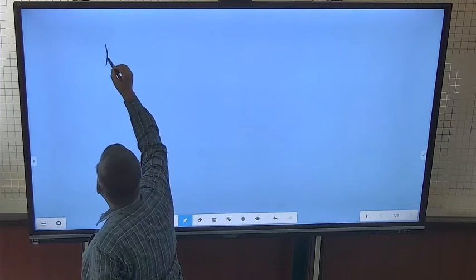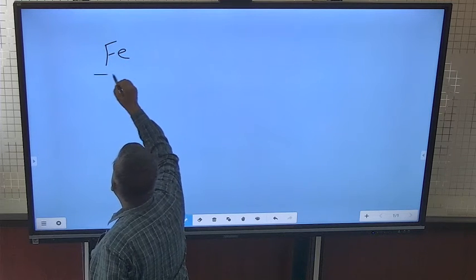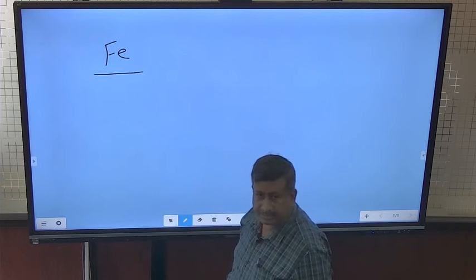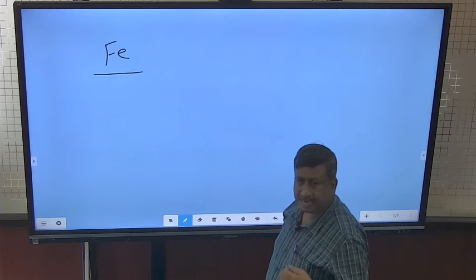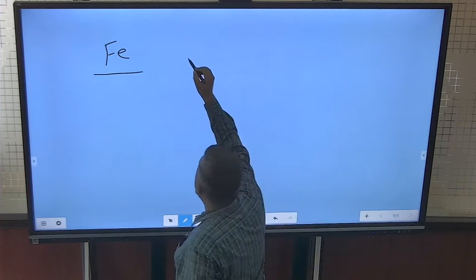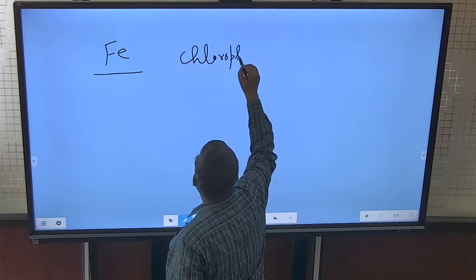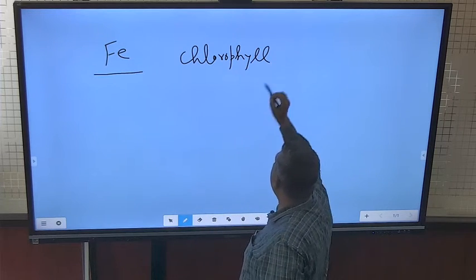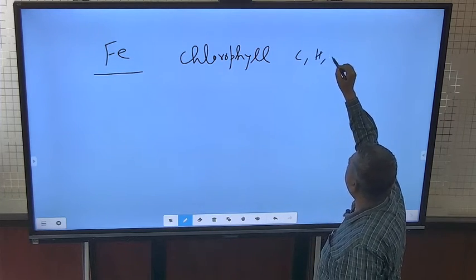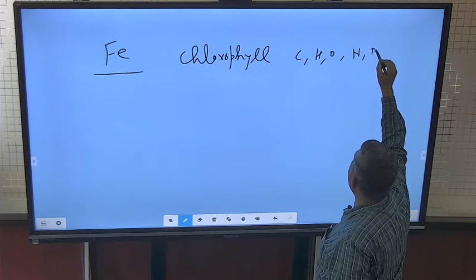So, the first micronutrient is iron, and iron acts as an activator for chlorophyll formation. Chlorophyll contains carbon, hydrogen, oxygen, nitrogen and magnesium.